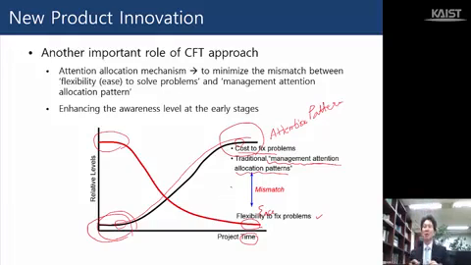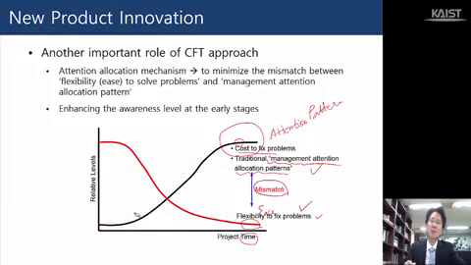It's useless to pay more attention at the end of project time because it's too late to fix problems. Even if you pay more attention to the project, you cannot fix those problems. In other words, there is a huge mismatch between management attention allocation and the flexibility to fix the problems, or the ease of problem solving.